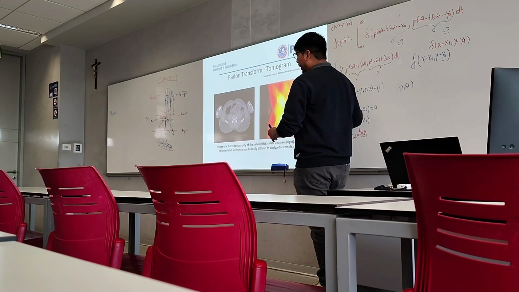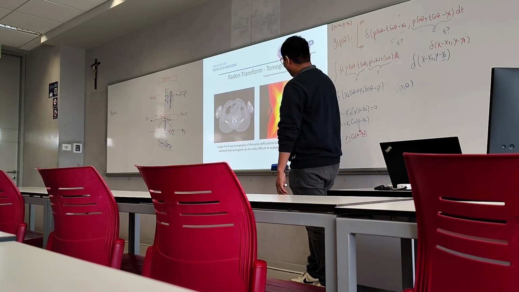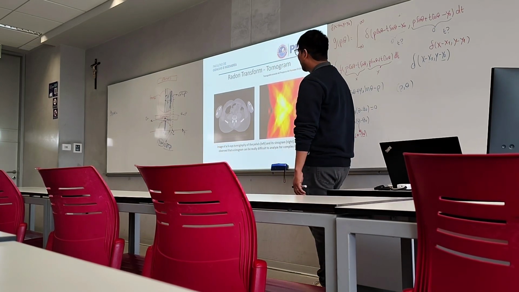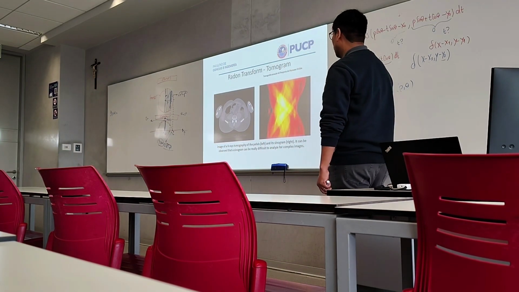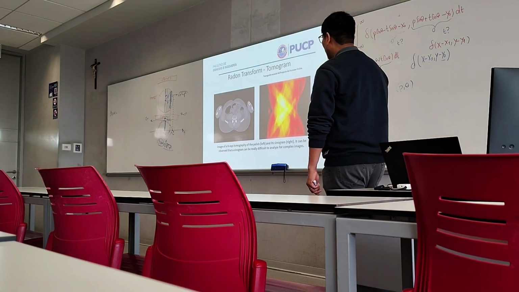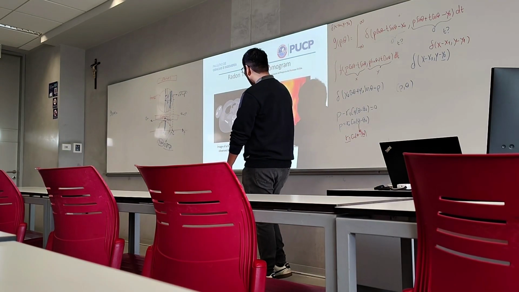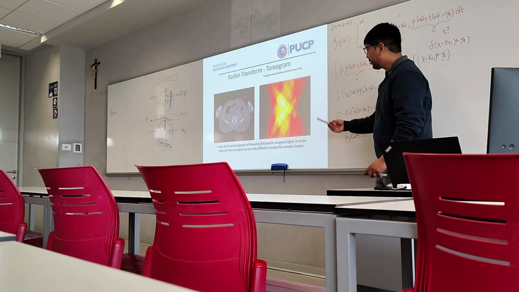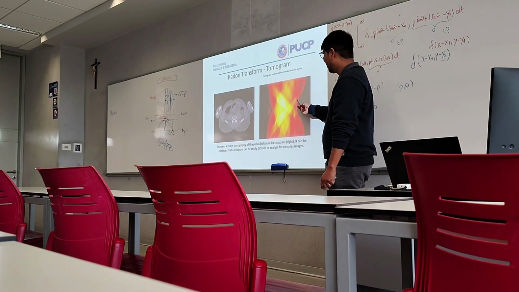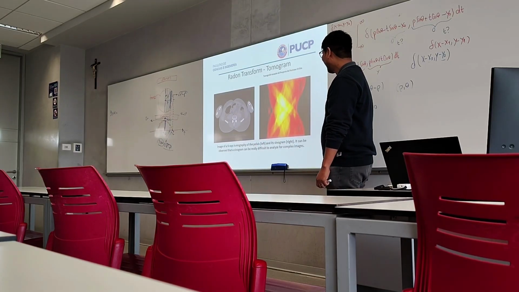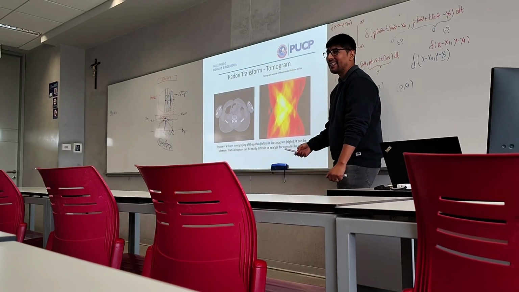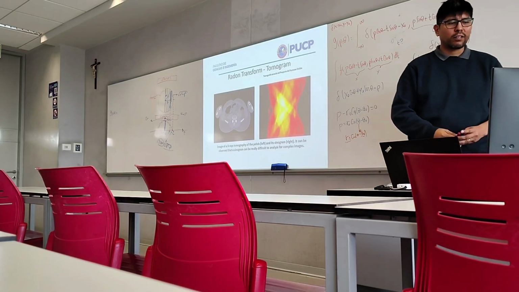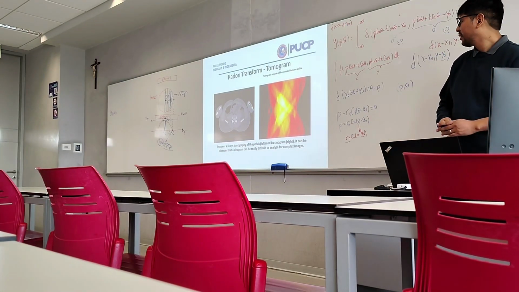If we repeat that for all the angles, we obtain this form of the Radon transform of a more realistic or more complicated image and structure. The Radon transform really looks like fire. It's very difficult to interpret, as I mentioned yesterday.